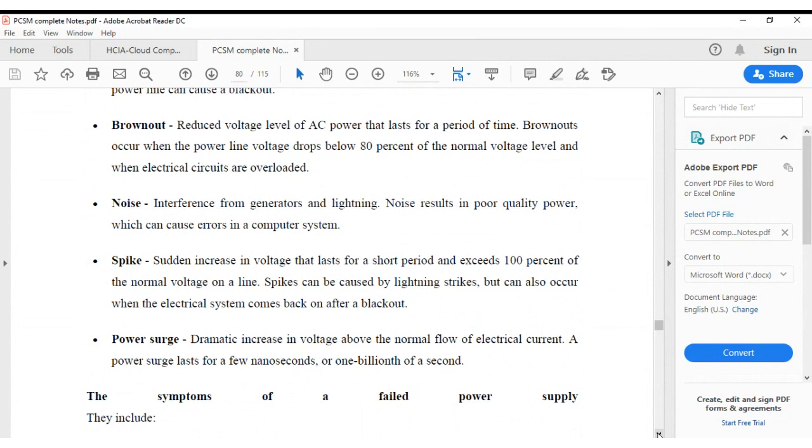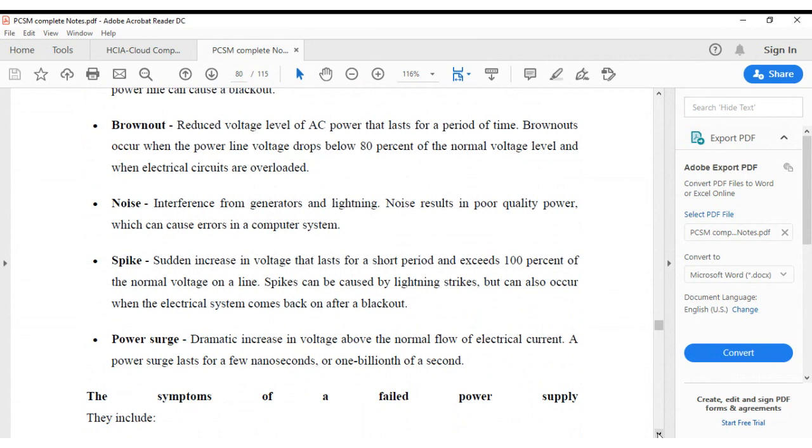We have a spike. For example, those of you who play volleyball know a spike, a sudden spike. A spike is a sudden increase in voltage that lasts for a shorter period and exceeds 10% of the normal voltage on a line.